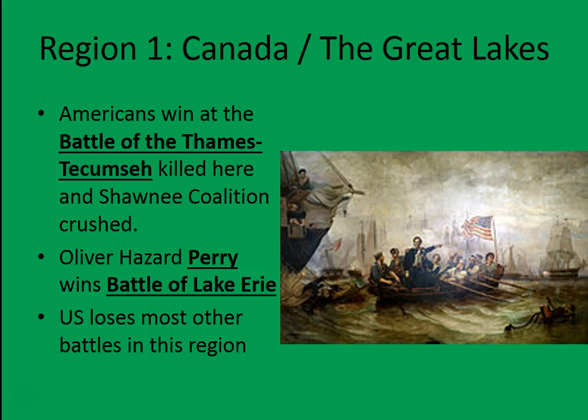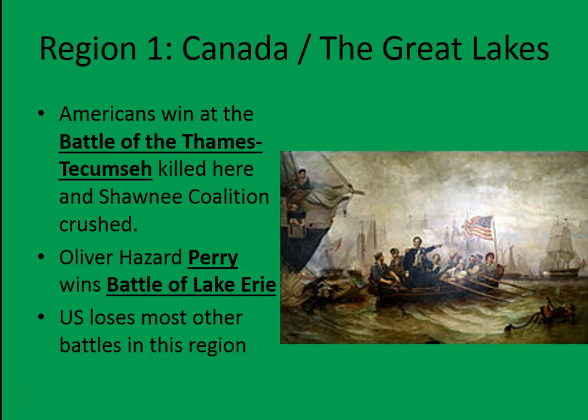The dream that we would march into Canada and take over and it would be very easy turned out to not be true. The Canadian people, British colonists at the time, resisted the United States' encroachment very strongly. So this war does not go the way that we thought in this region of the United States.